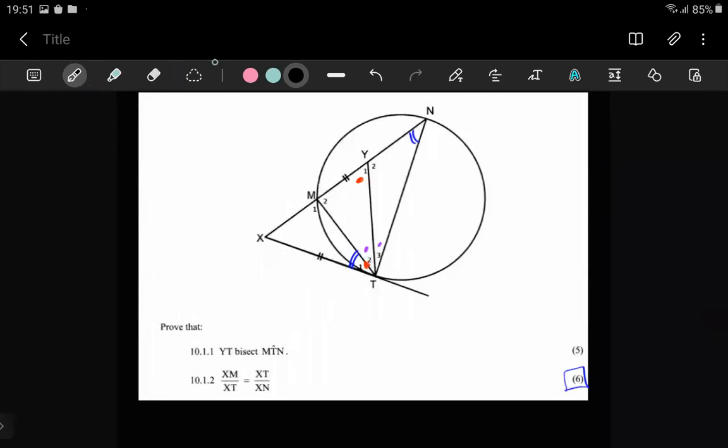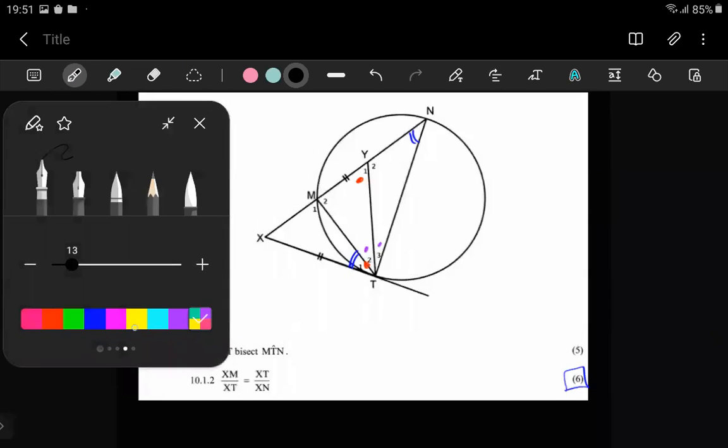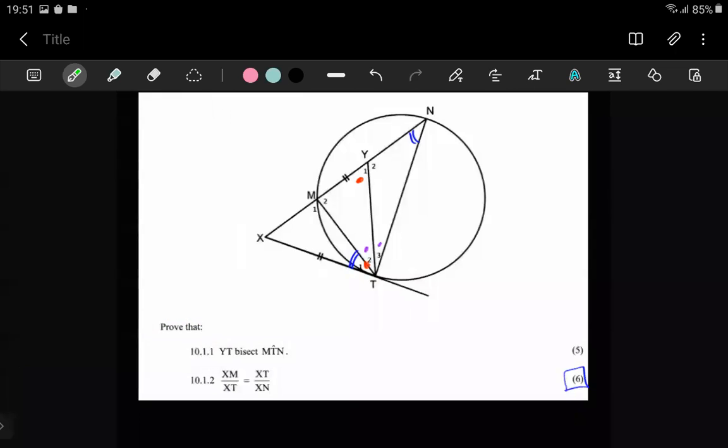Now, logically speaking, based on just those 2 lines, if they're going to talk about XM, which is this line here, and they are also going to talk about XT, which is this line over there, our first assumption would be that the triangle we're probably going to deal with is the triangle XMT.